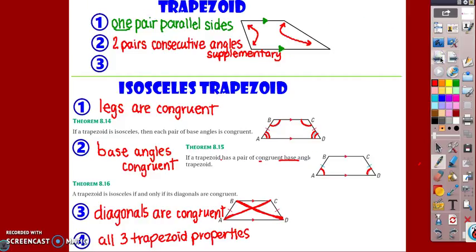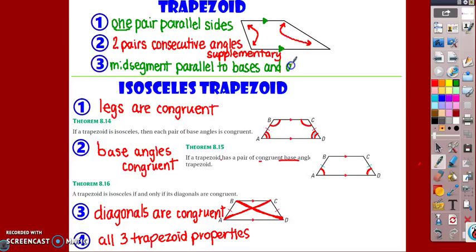Let's go back then, because what I was hoping to add for our third trapezoid property was about mid-segments. Two things about a mid-segment. Do you remember? Mid-segments are parallel to the bases, and something about the length, right?